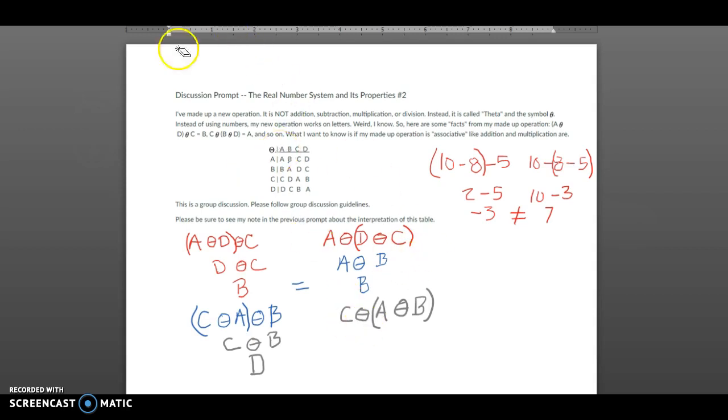A theta B is B. And C theta B is D. All right, got the same answer. So if it were me as a student, I'd probably do one more, which I'm not going to do. But I'd do one more, and if that one turned out right, I'd be like, yep, it's associative.